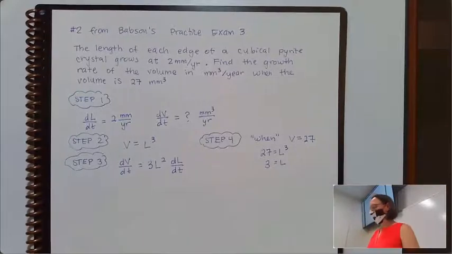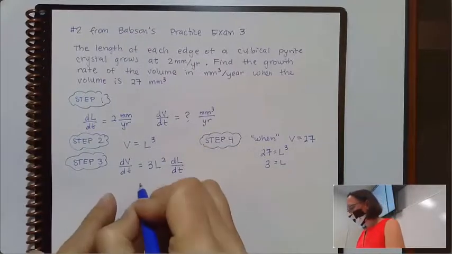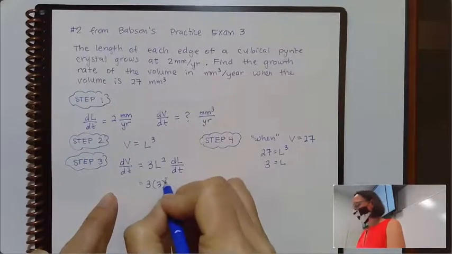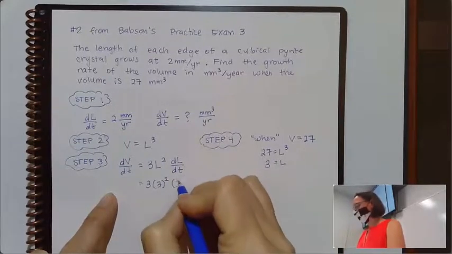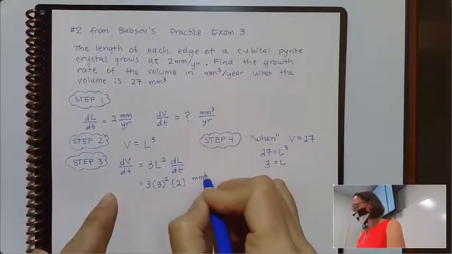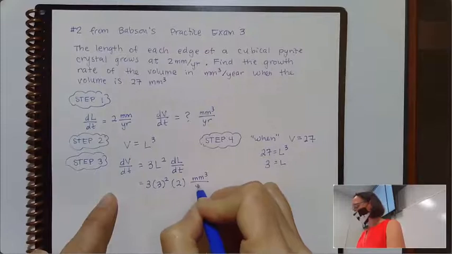Then we plug all this stuff in. We were looking for dV/dt. I know that my L was 3, and I know that our dL/dt was 2. And we'll just slap our units on there: cubic millimeters per year.